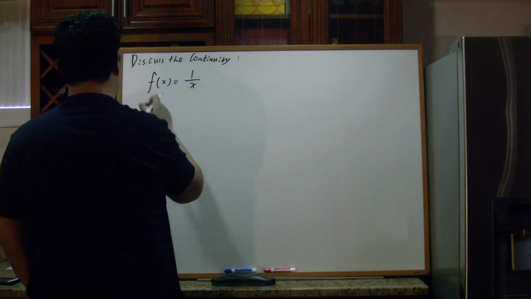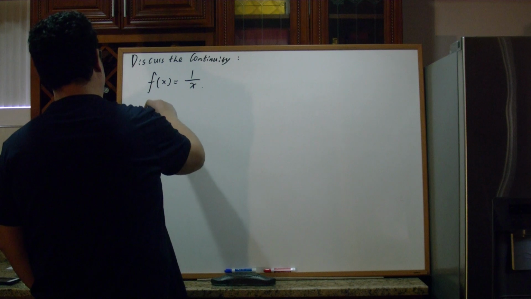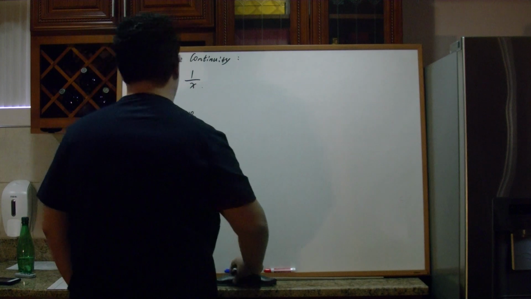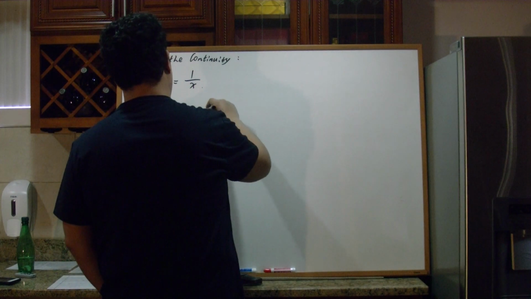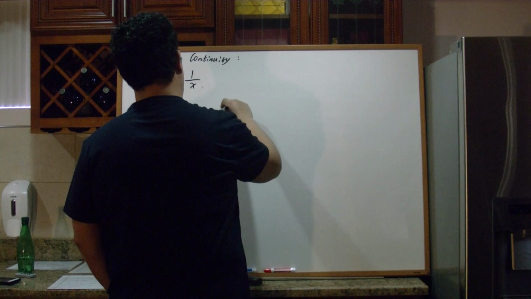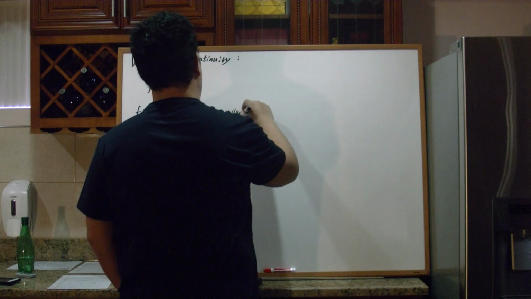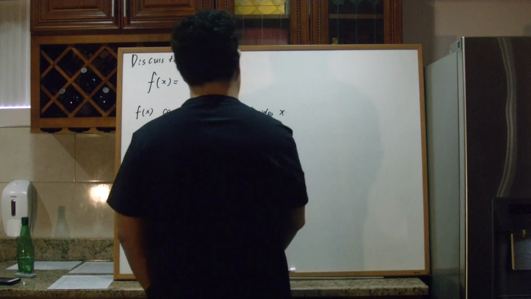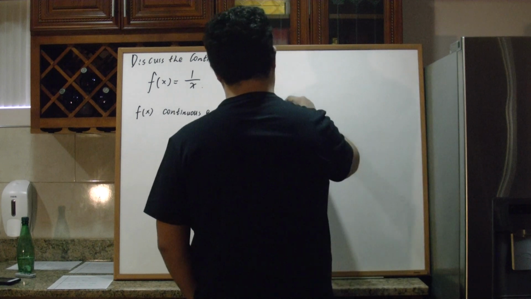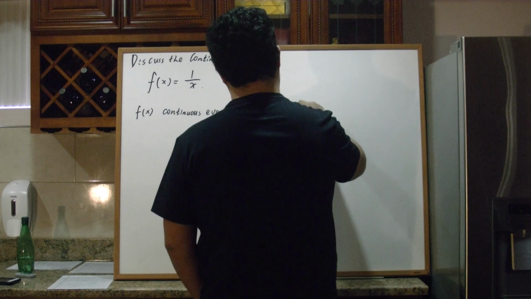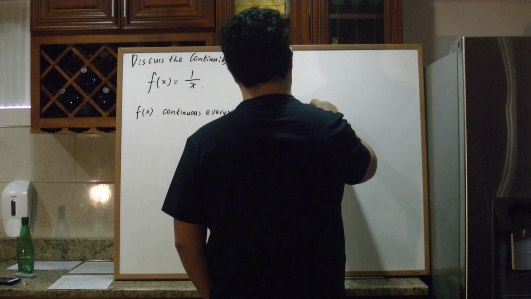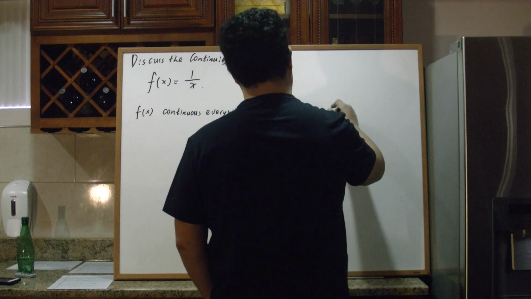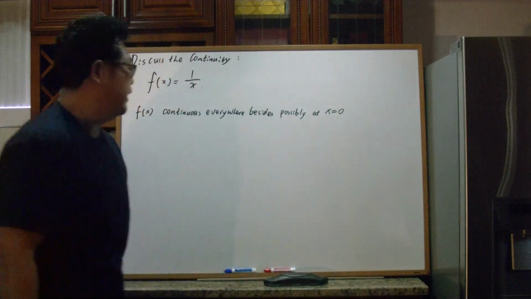So in this case, f of x is continuous everywhere besides possibly at x equals 0.